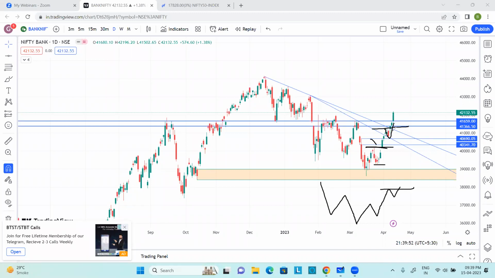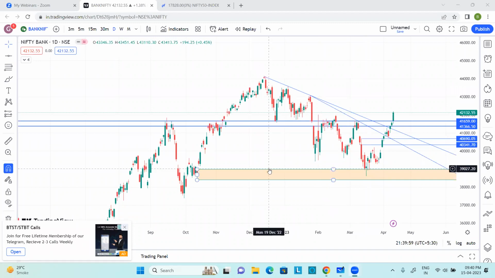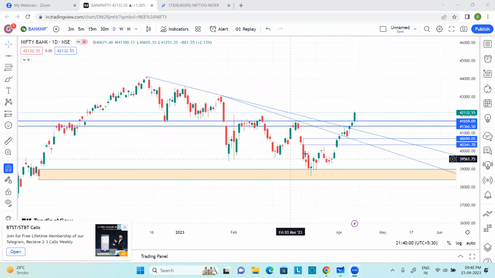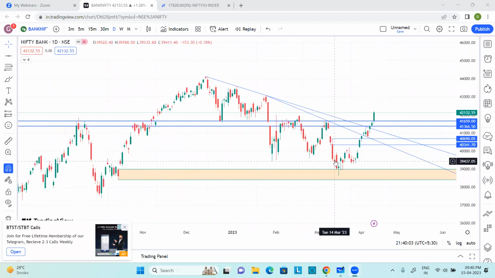And this is what happened here. Okay, did you get the clue? If you can remember everything. So abhi next week it is looking like a bullish, because it has broken both the trend lines.